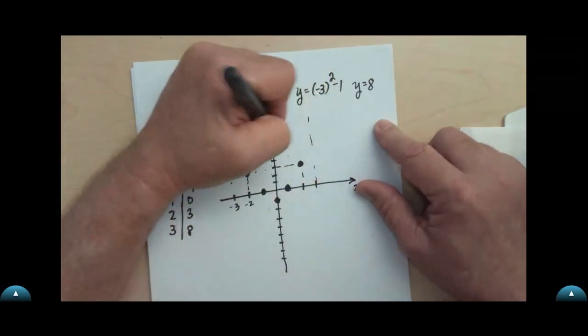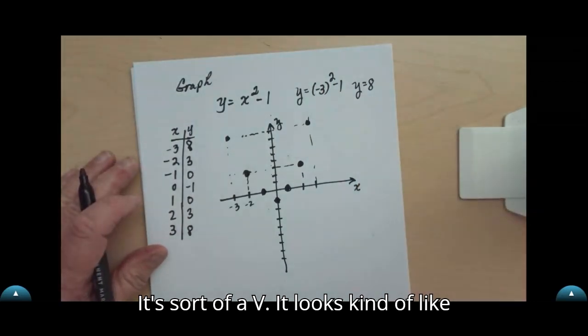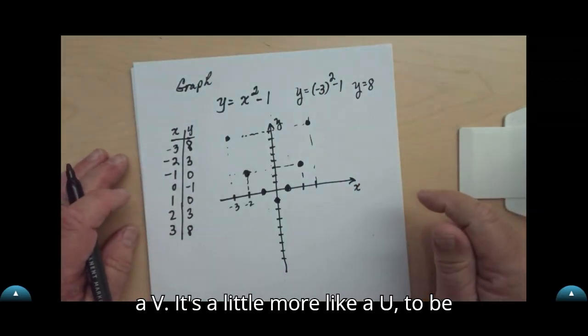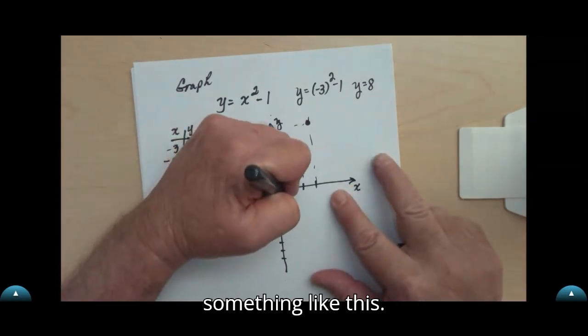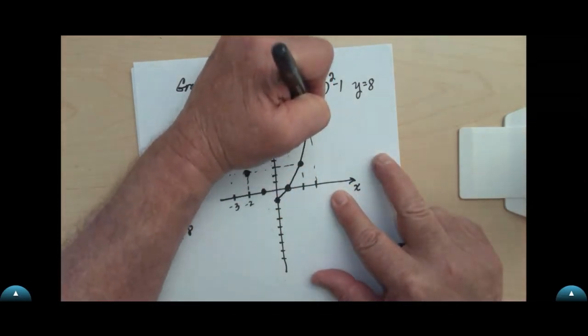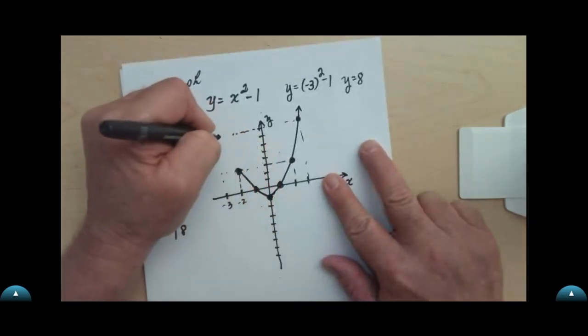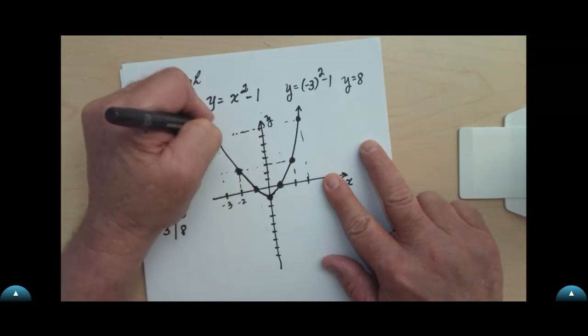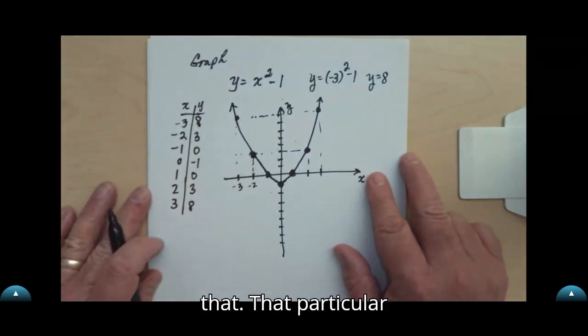It looks kind of like a V. It's a little more like a U, to be honest. The graph is going to look something like this. And it'll go like that. Something like that.